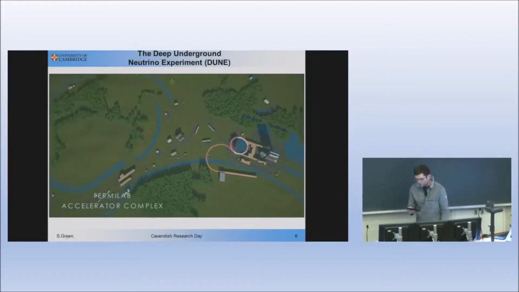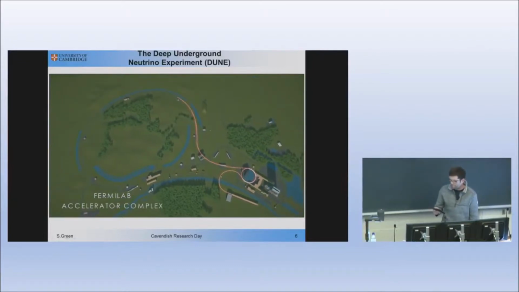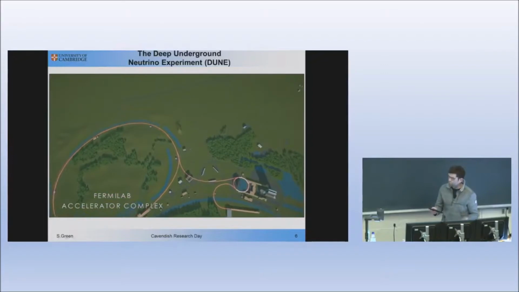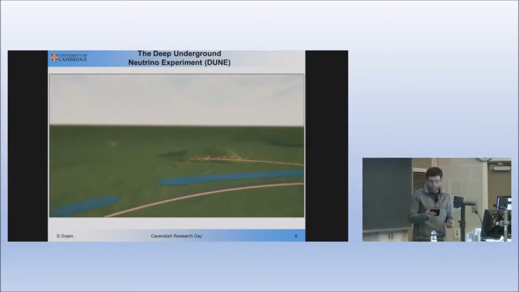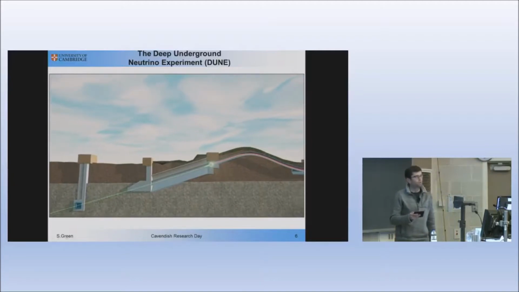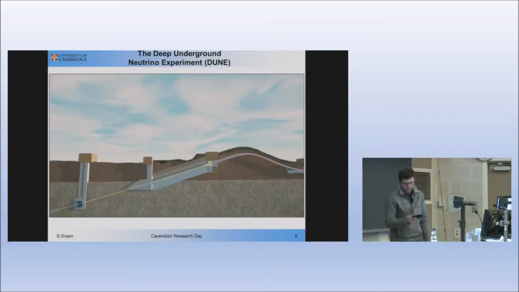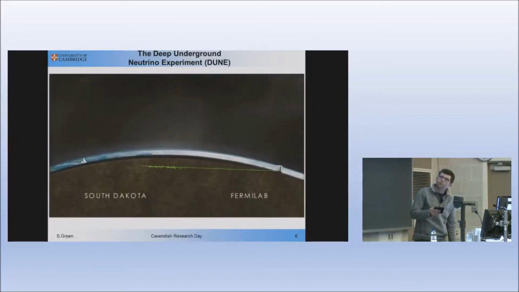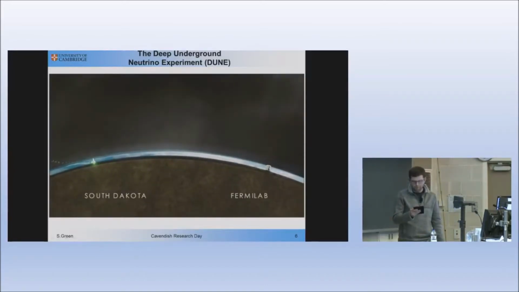Awesome. The first step in the DUNE experiment consists of the production of a beam of neutrinos in the Long Baseline Neutrino Facility in Fermilab in Illinois. This beam is then fired over 2,100 kilometers to the Sanford Underground Research Facility in South Dakota. And there we go, you can see it being fired.